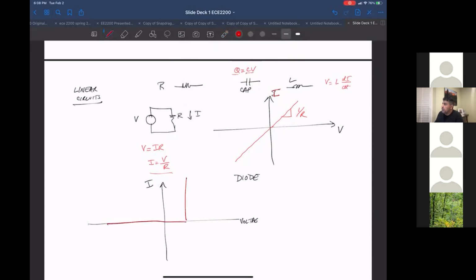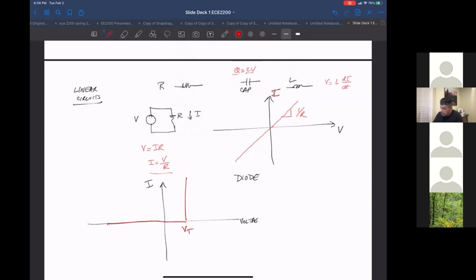Very nonlinear circuit. You'll see something called the threshold voltage or diode voltage. The diode will have a very low resistance past that point.